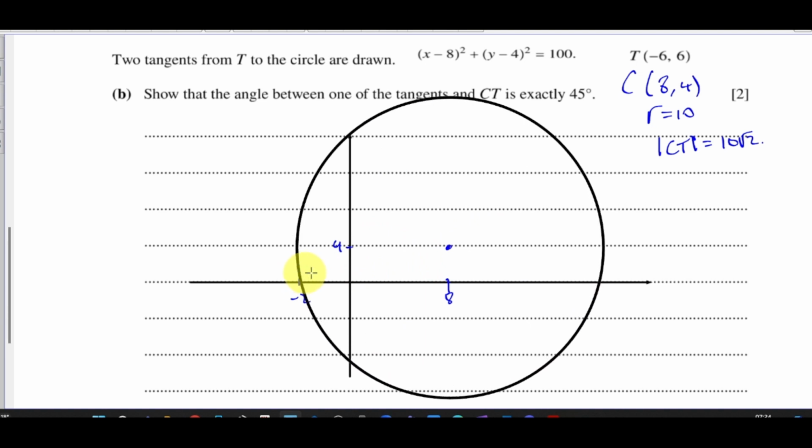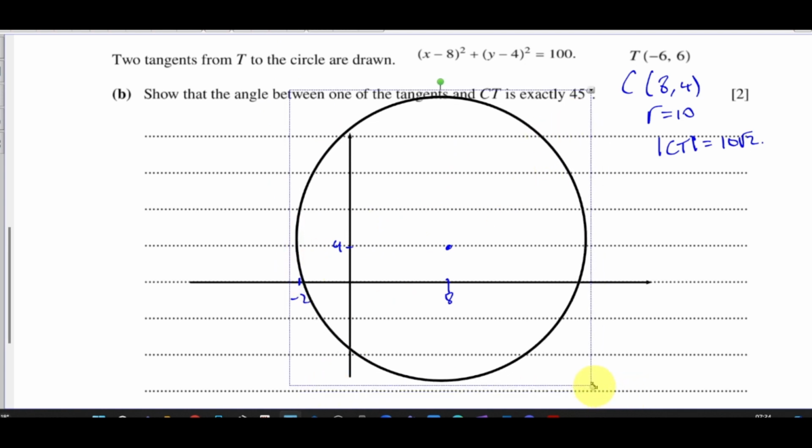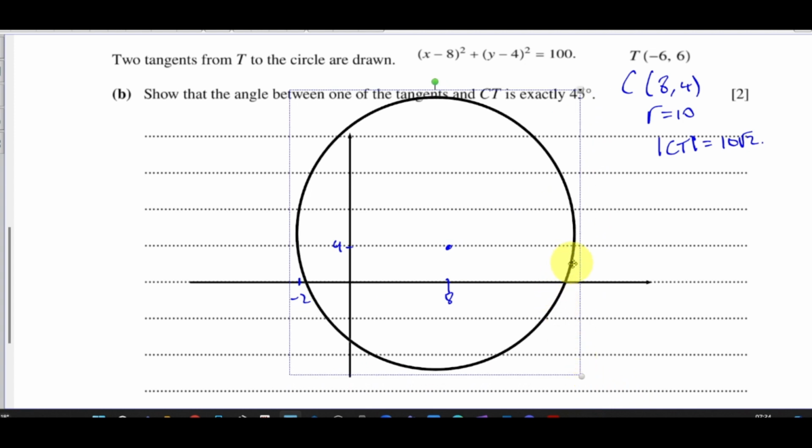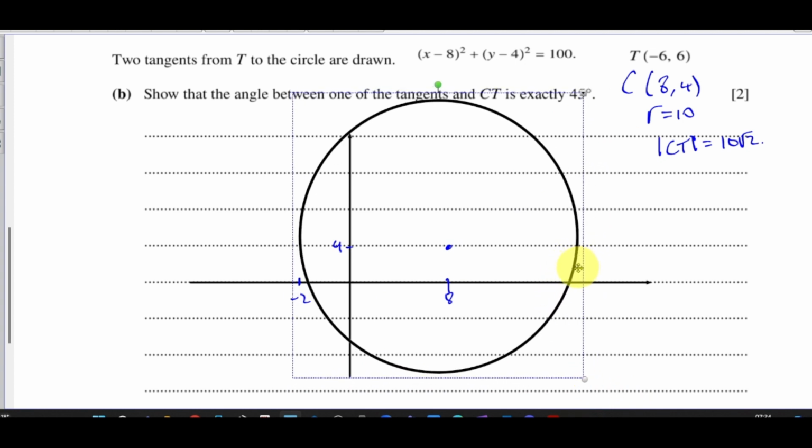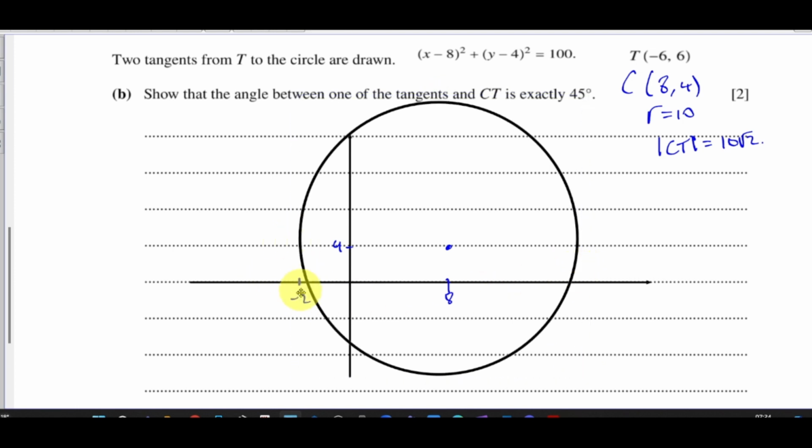It came out a bit bigger than I expected, but no problem. Make it slightly smaller, because the furthest it reaches is going to be negative 2. So I'll keep that at the center as best as I can. That's the furthest it reaches on the x value, negative 2.